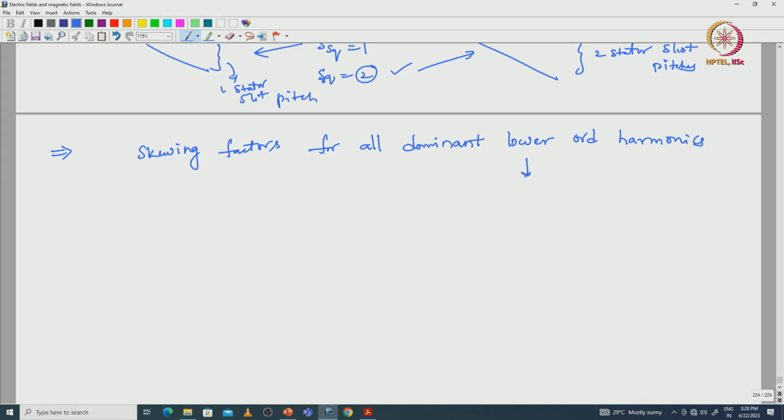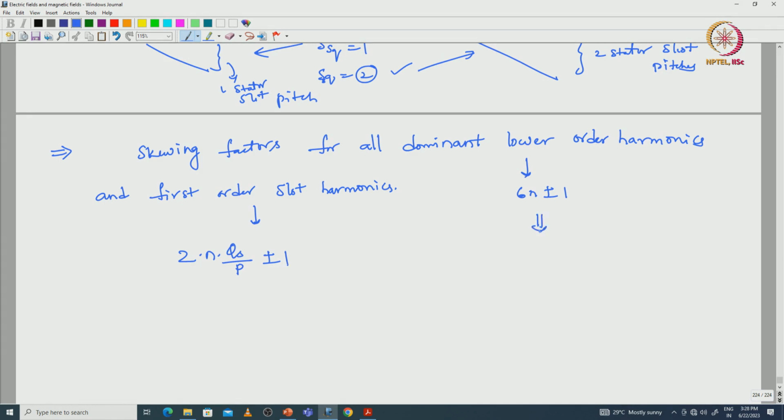Dominant lower order harmonics means 6n plus or minus 1 and first order slot harmonics. Slot harmonics are nothing but 2 n Qs by p plus or minus 1, where n is an integer.